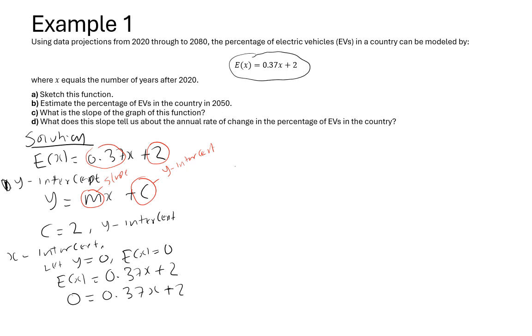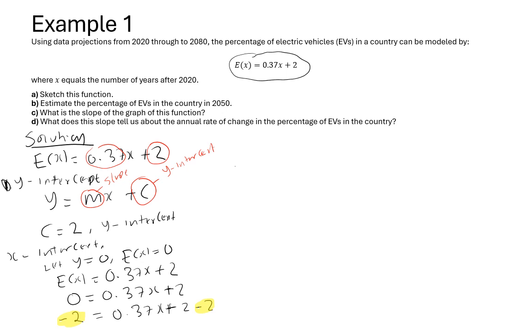We want to find x, so we subtract 2 from both sides, add minus 2 to both sides. So the plus 2 becomes 0 on the right side, and we have minus 2 on the other side.